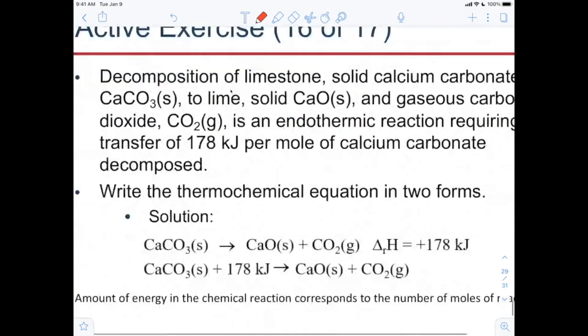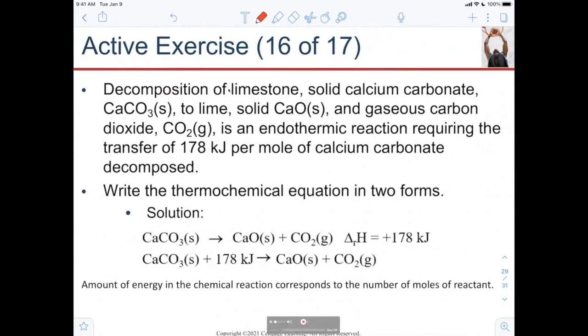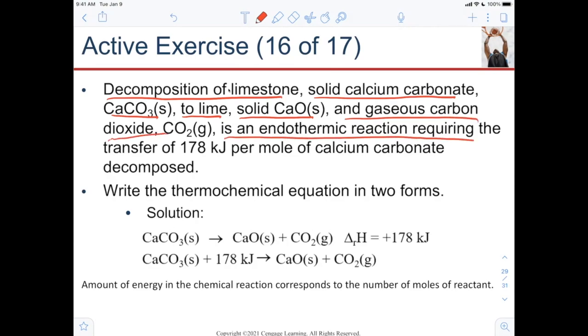Then finally, we have the scenario here. This is a question. Decomposition of limestone, a solid calcium carbonate right here, to lime, solid calcium oxide, and gaseous carbon dioxide is an endothermic reaction requiring the transfer of 178 kilojoules per mole of calcium carbonate decomposed.